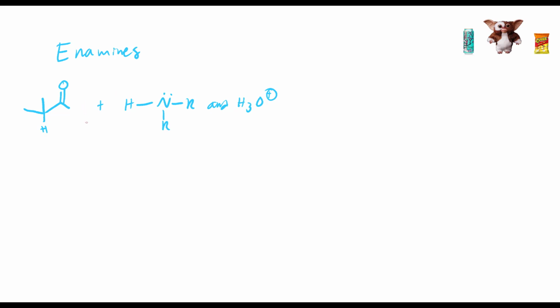Notice that right here, I can break the bond towards the oxygen, making this one positive, and this nitrogen can attach itself to the carbon. And we're going to have nitrogen with 2 R groups and a hydrogen right there.